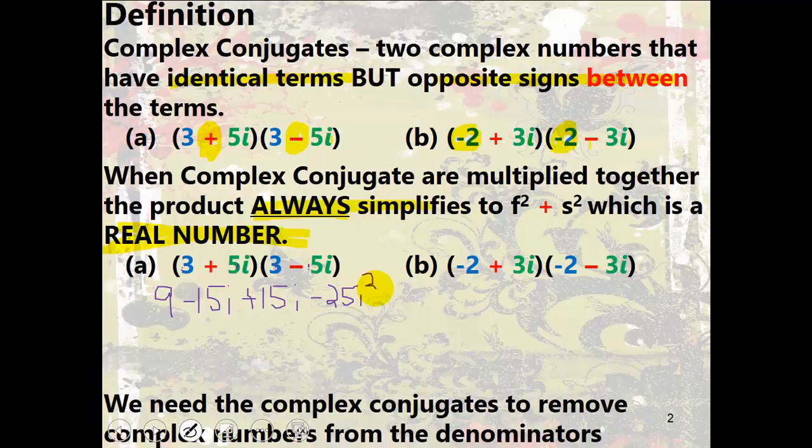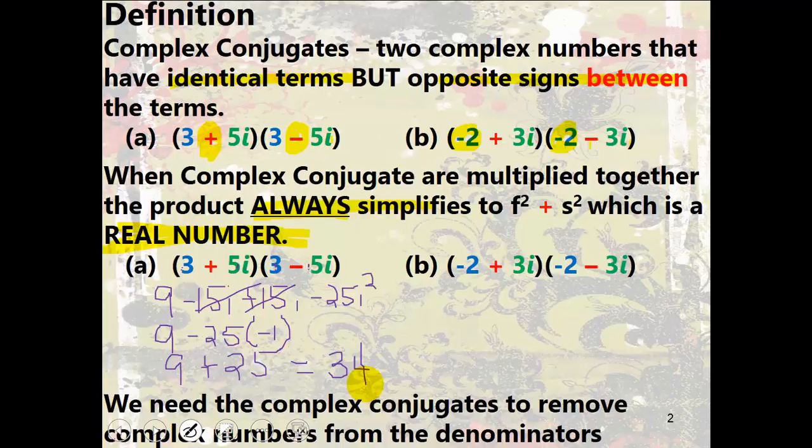Now we're going to combine our i's and substitute -1 for i squared. And we get 9. These cancel, and then we get minus 25 times -1, or we get 9 plus 25, which equals 34.